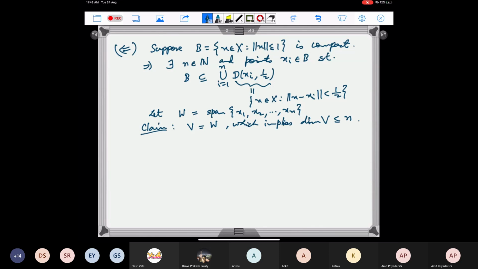If I show that W is the same as, not V, we are writing X, the dimension of X is equal to dimension of W, so it is less than or equal to n. So we will prove this by contradiction. So suppose W is a proper subspace, then we will use Riesz's lemma and get a contradiction.